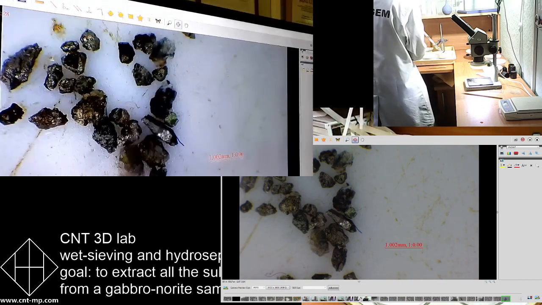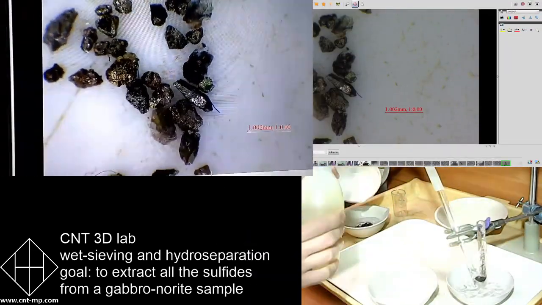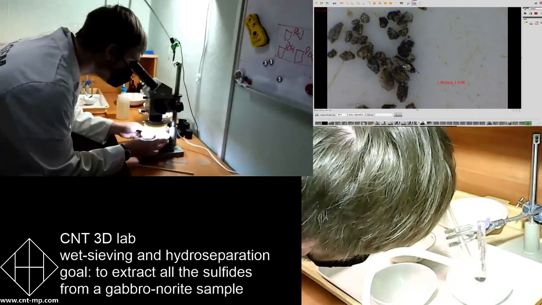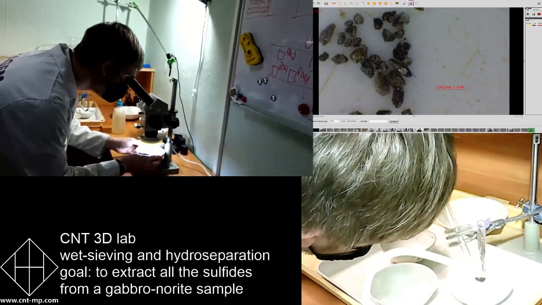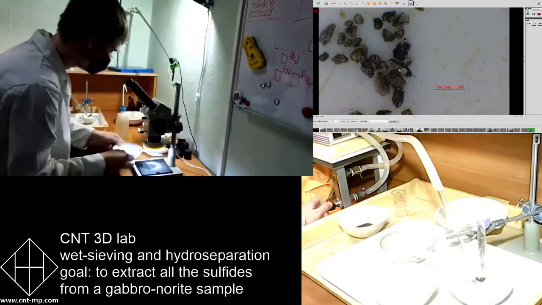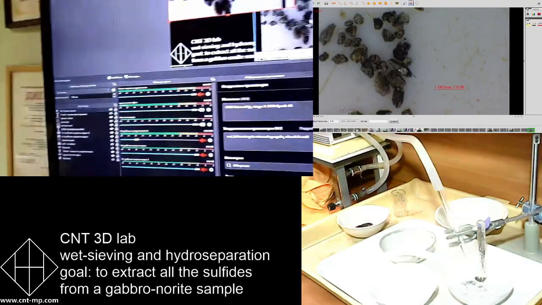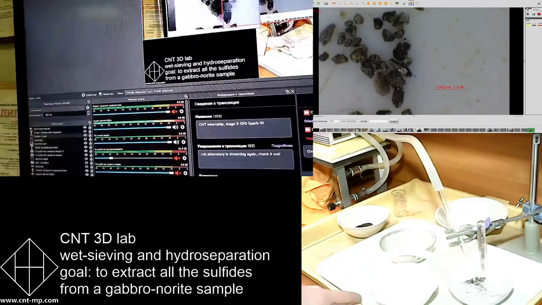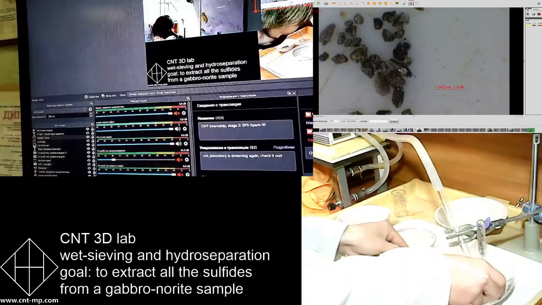So you can see these particles. What are these? I think that Oleg will have to comment. I want Oleg to comment on what he actually finds in the hydroseparation tailings. Maybe he can comment. Oleg?